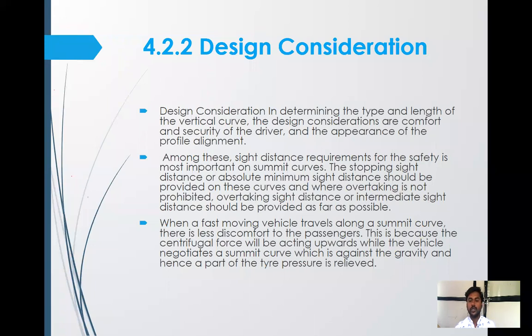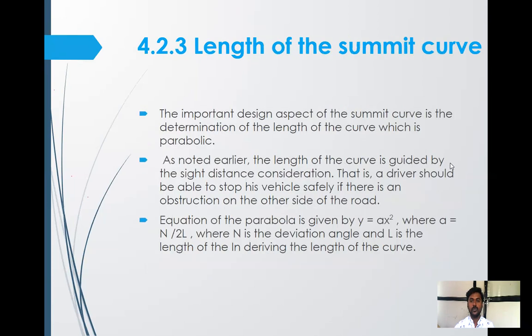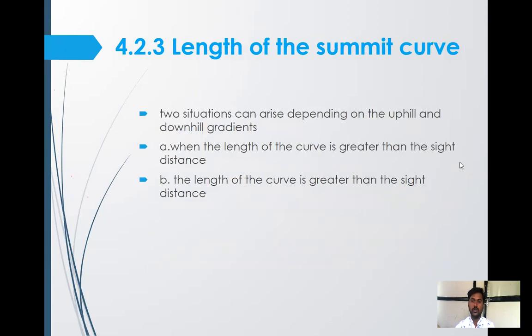Okay, so it will give comfortable conditions when we provide the parabolic curve on the summit curve. If you go for another, it will give uncomfortable conditions. So we also have to think about the comfortable conditions of the passengers moving on that curve.